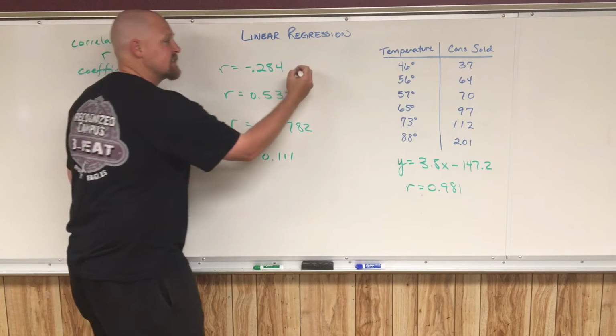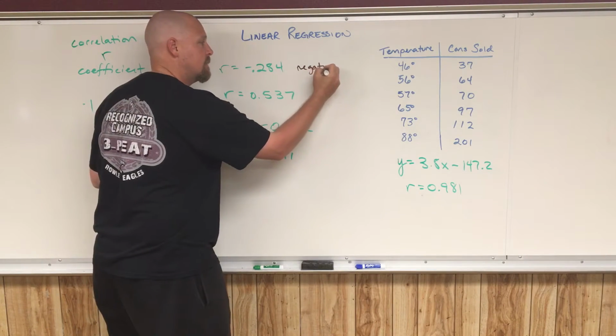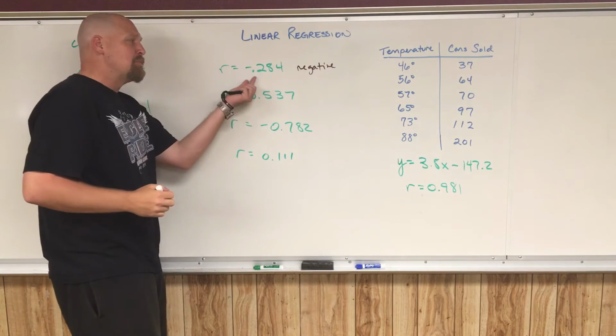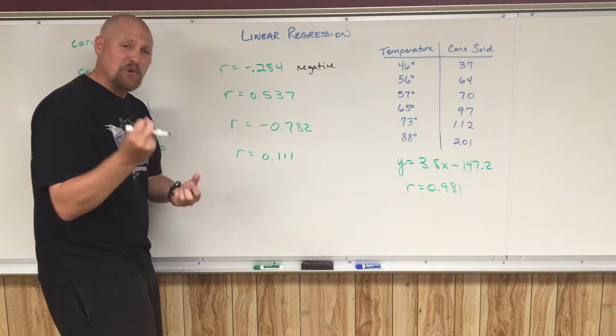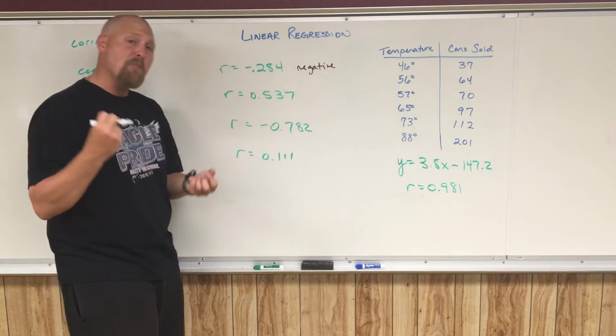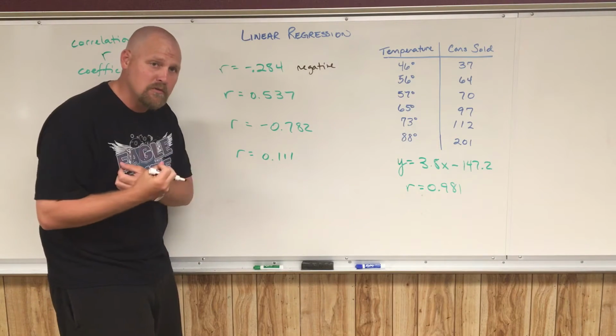This one says that it's negative, and 0.284 is real close to 0. That almost rounds to 0.